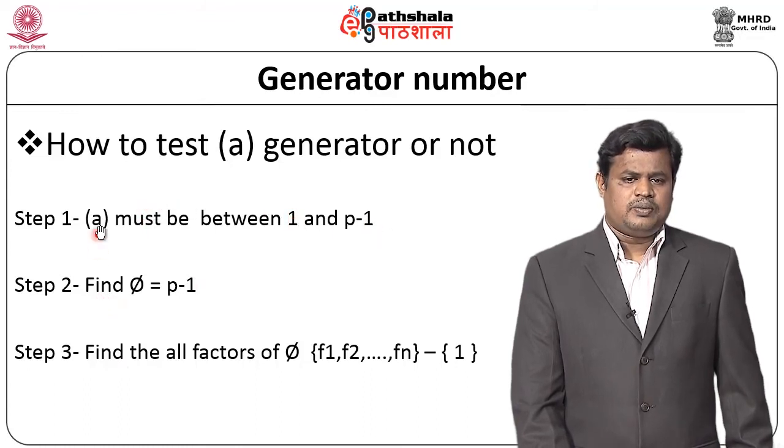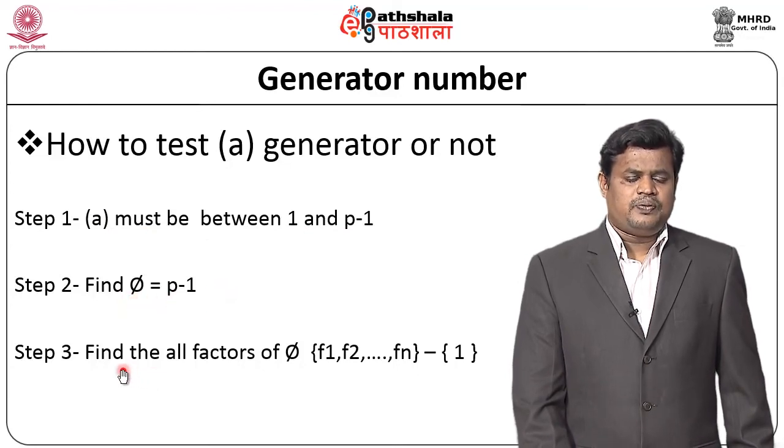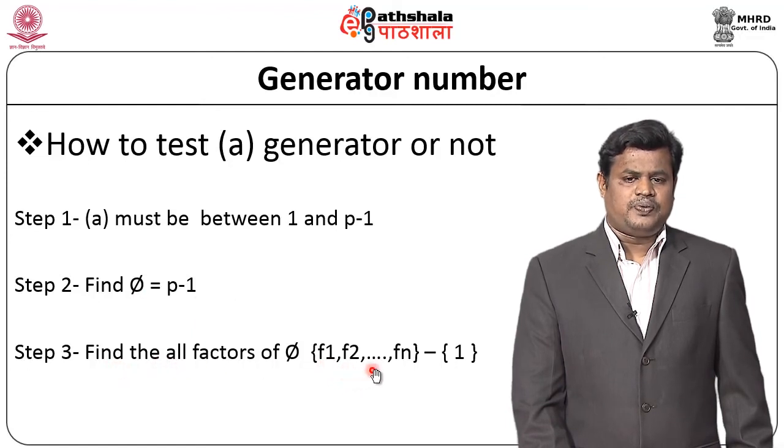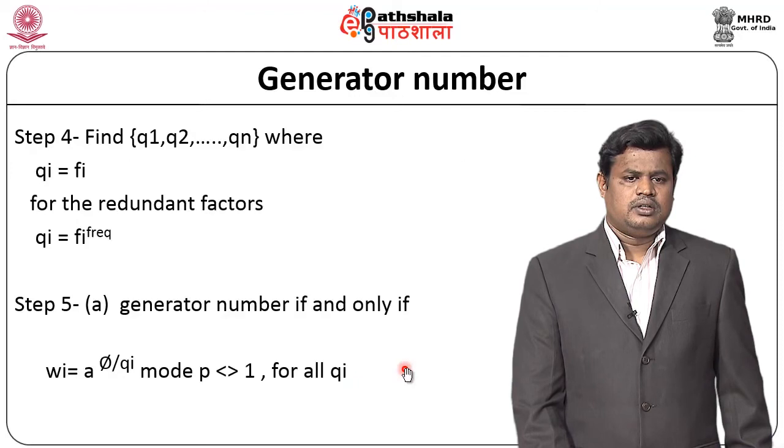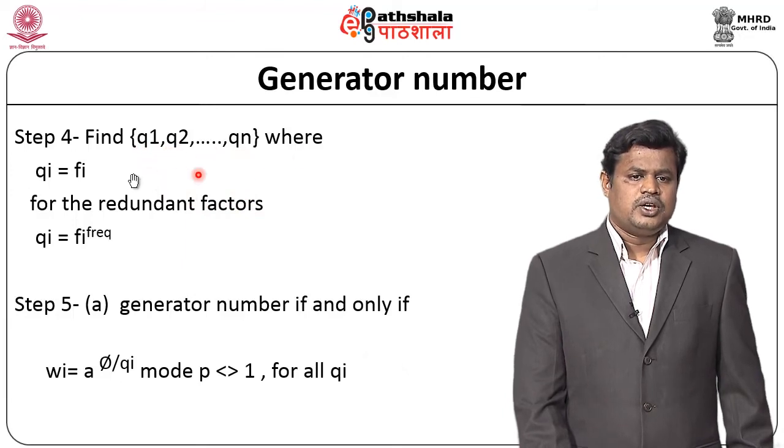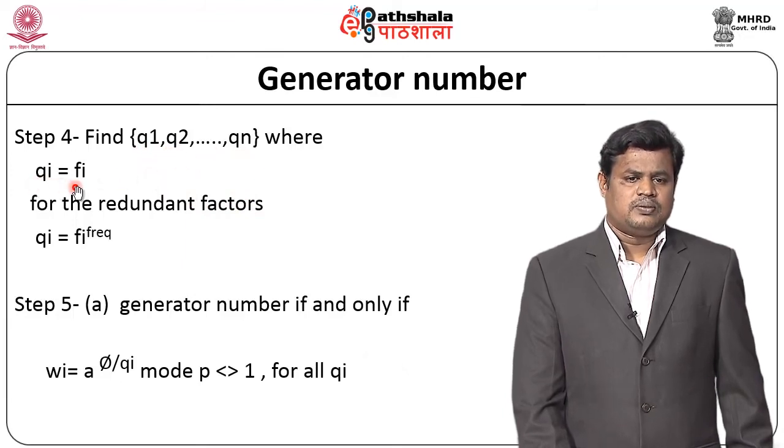First we select a value between 1 and p minus 1, and then we find phi equal to p minus 1, and find all the factors of phi, f1, f2 up to fn. Then we find q1, q2, up to qn, where qi is equal to fi for the redundant factors.